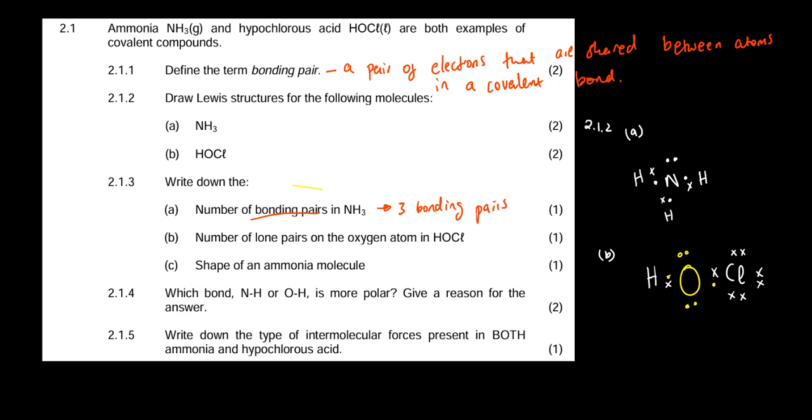And the number of lone pairs on the oxygen atom in the hypochlorous acid. Two lone pairs. Yes, correct. So that would be two lone pairs, of which is this one and that one. You agree? Yes, sir.